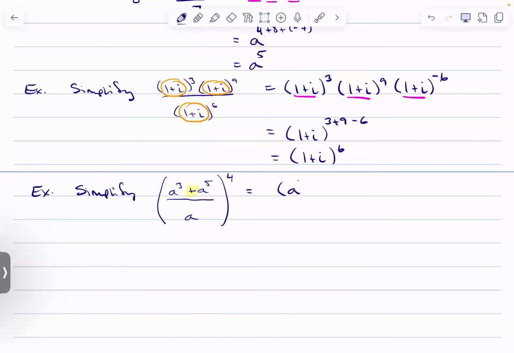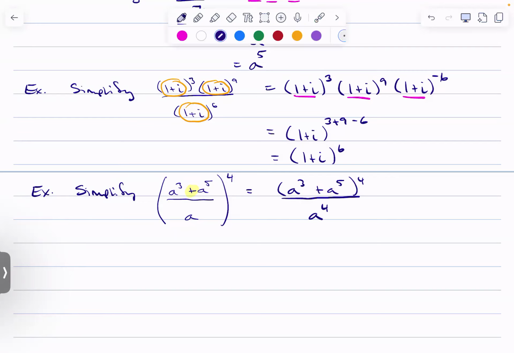So we have a to the 3 plus a to the 5 to the power of 4 divided by a to the power of 4. Okay. But I am stuck here. a to the 3 plus a to the 5, there's no way to simplify that, right?